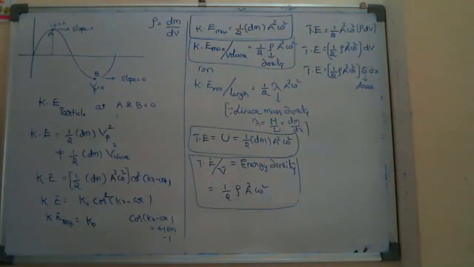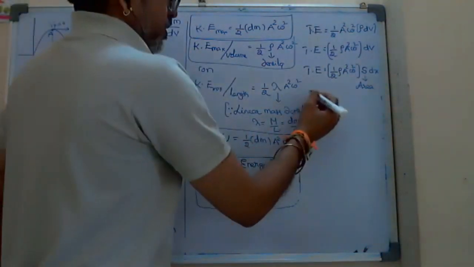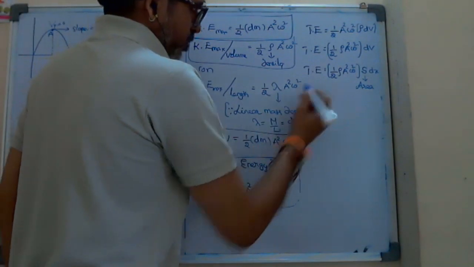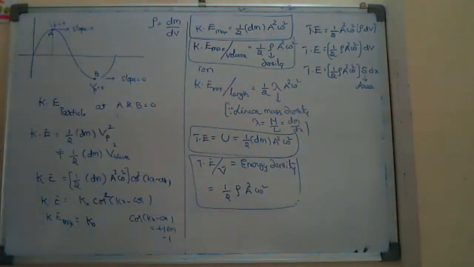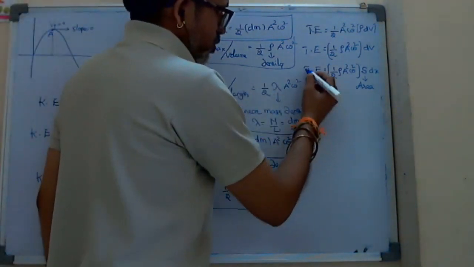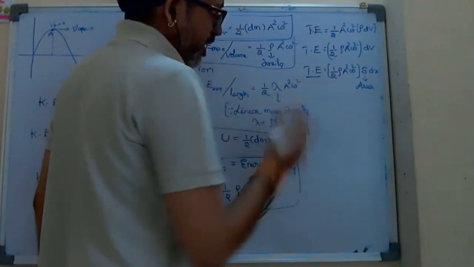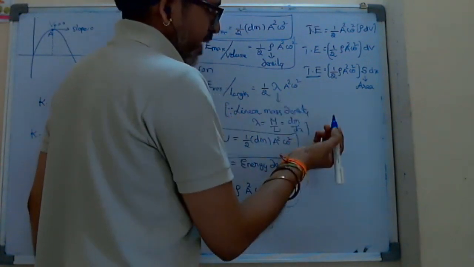Now suppose I ask for the rate of transmission of energy, meaning the rate of propagation of energy. I already calculated the total energy, and rate means divided by time.